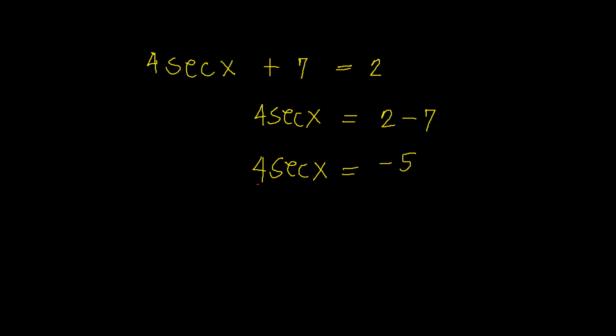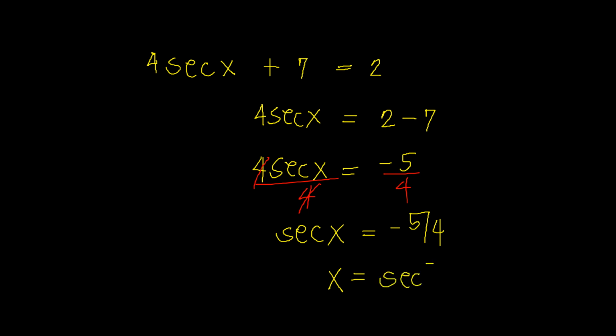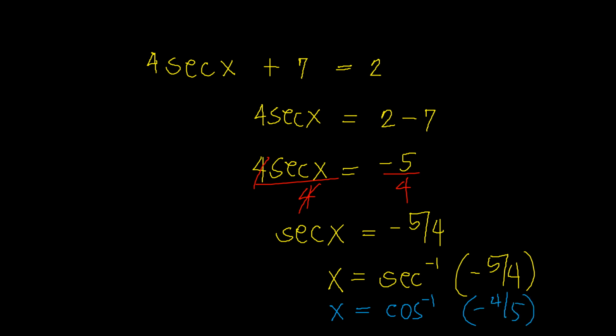Divide both sides by 4. Then we have secant of x is equal to negative 5 over 4. Therefore, x is now equal to arc secant of negative 5 over 4, which can also be x is equal to arc cosine of negative 4 over 5. Just get the reciprocal of negative 5 over 4, and it's negative 4 over 5.